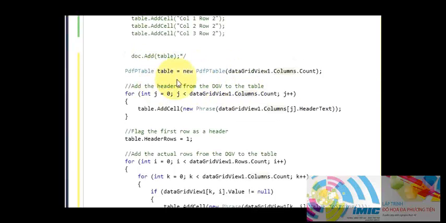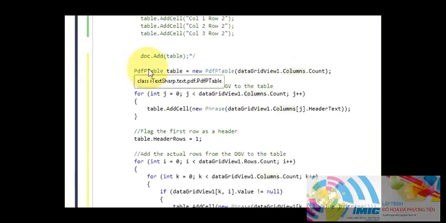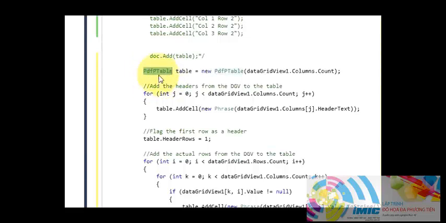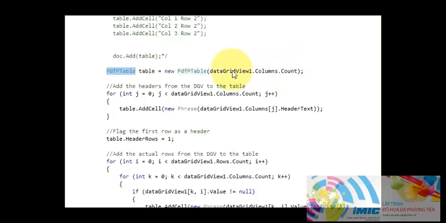First of all, as in the previous video, for defining the table, just write PDF table is equal to new PDF table, and inside the brackets we define the number of columns, if you remember from the last video.